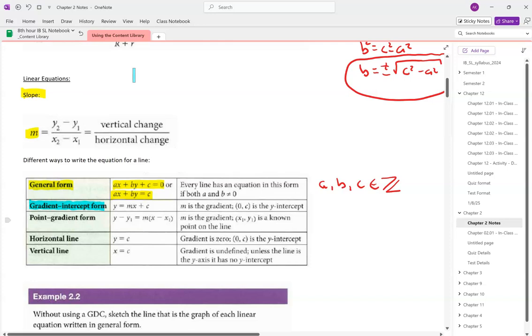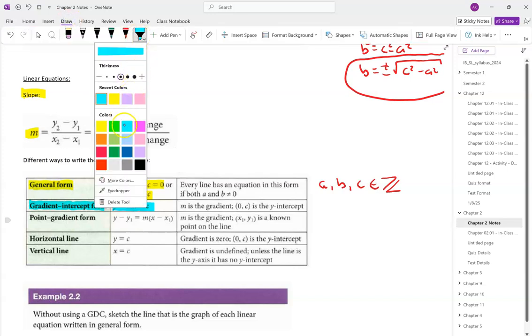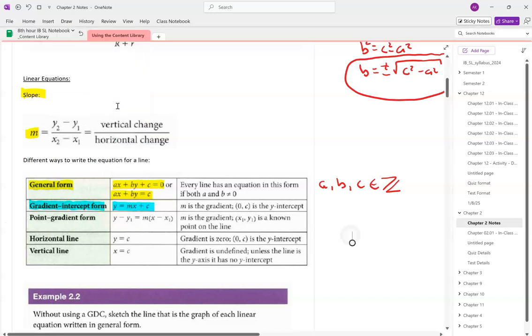The second type is called gradient intercept form. In IB speak, gradient is slope. So their gradient intercept form is y equals mx plus c. It's the same thing as b, they're just using a different letter. M is the slope, 0 comma c is the y-intercept. Same as before, just a different symbol. There's the point gradient form.